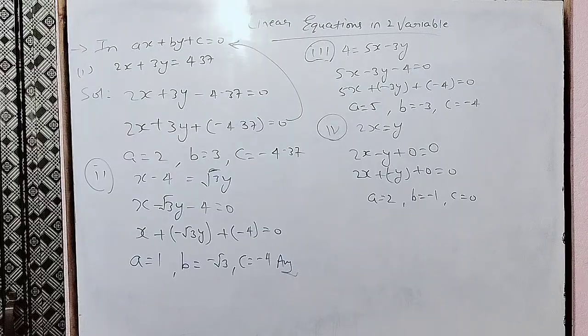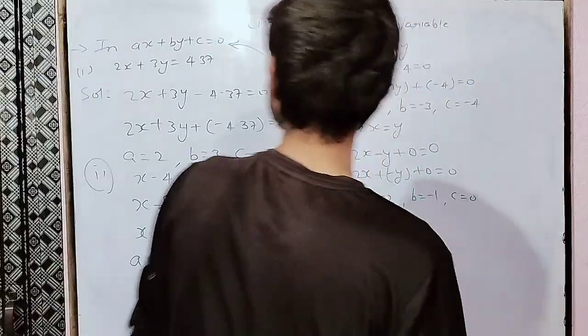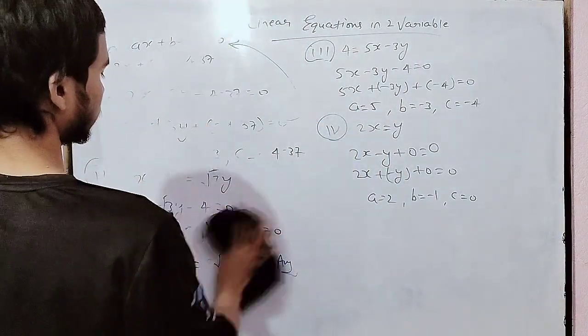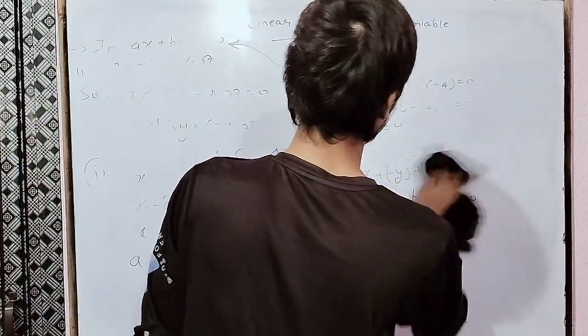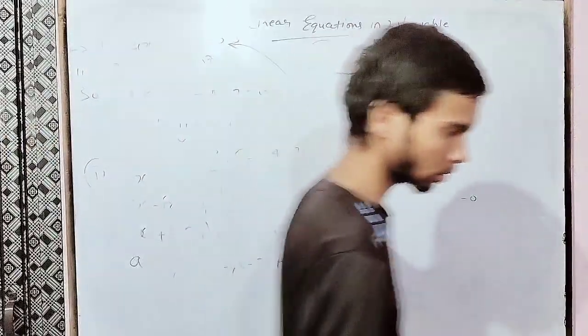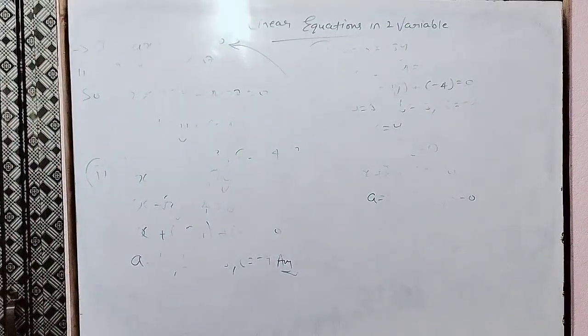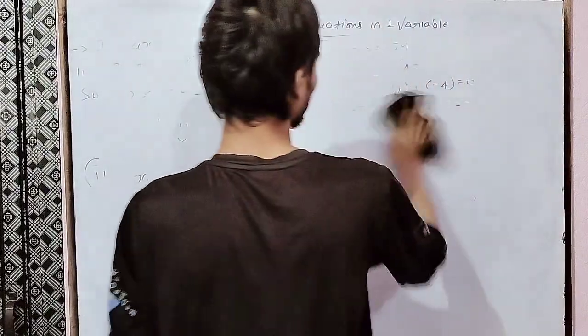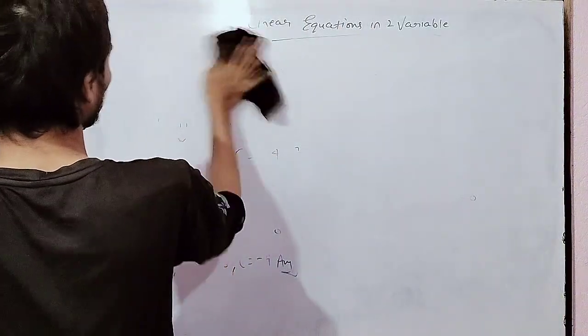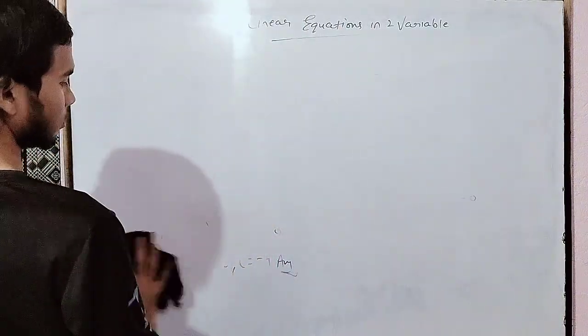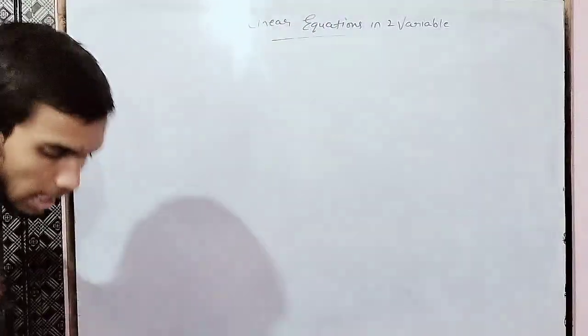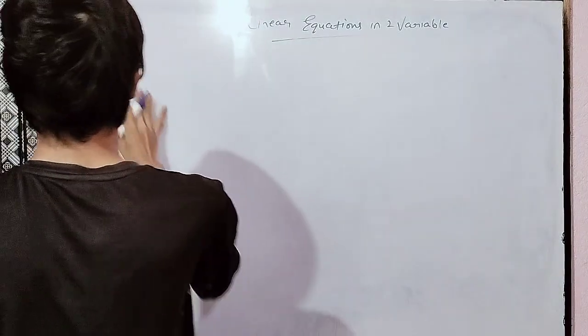Now next is what? The question is saying write the given polynomial in two variables.